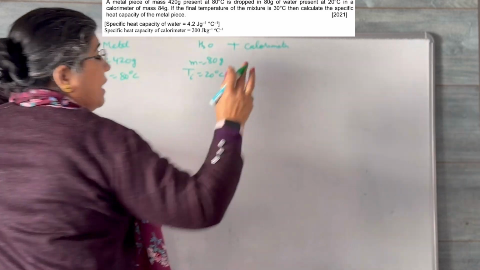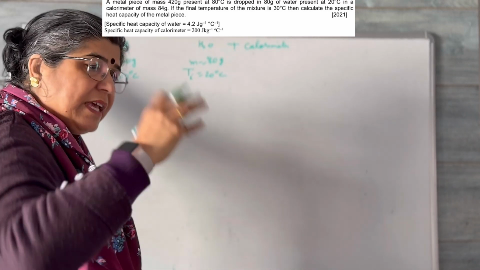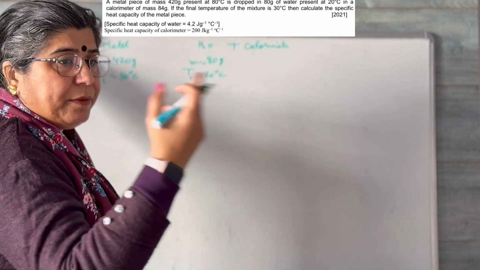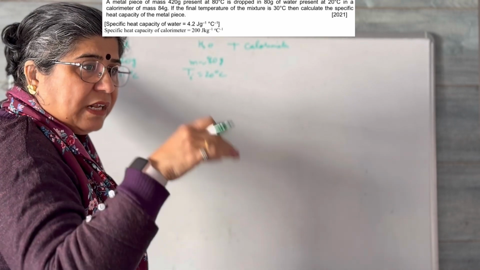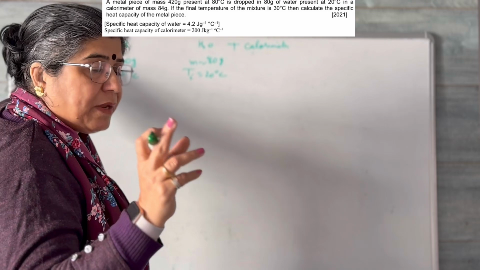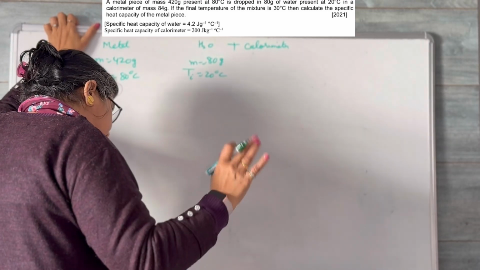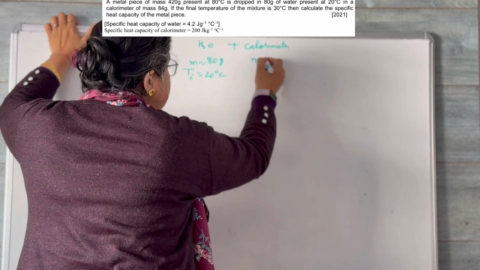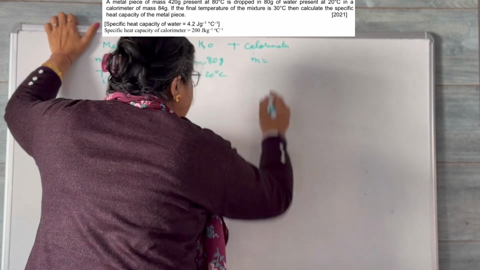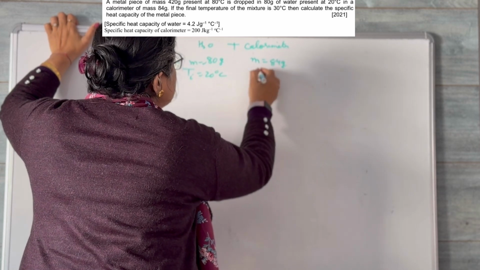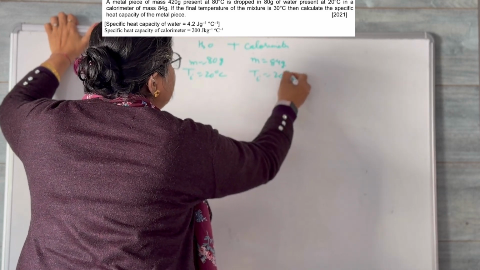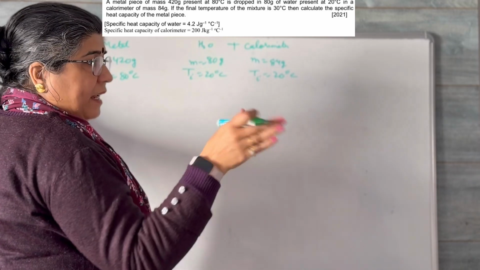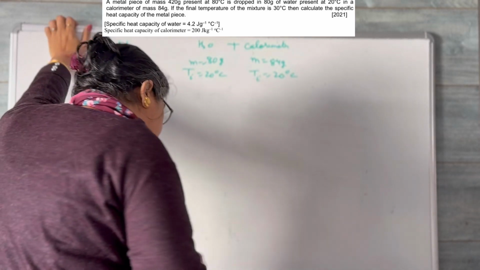Please, whatever happens to water, the same change of temperature will happen to the calorimeter. The glass and the water in the glass stay at the same temperature. Remember this. Calorimeter has mass 84 grams. So initial temperature will also be 20 degree. Water and calorimeter are at the same temperature always.